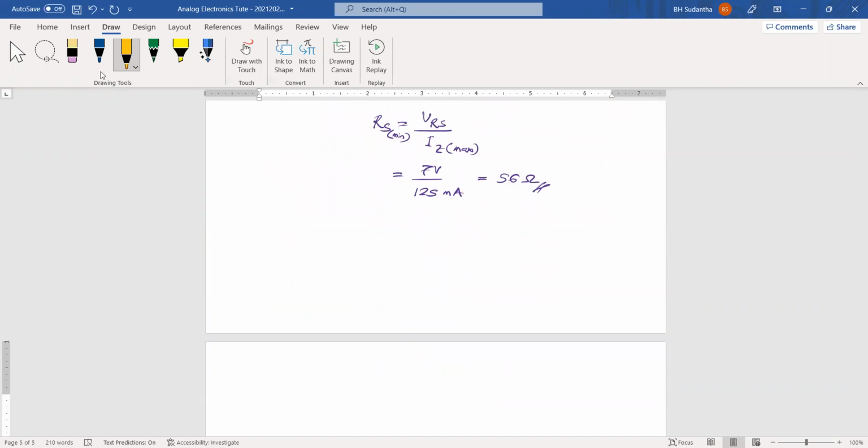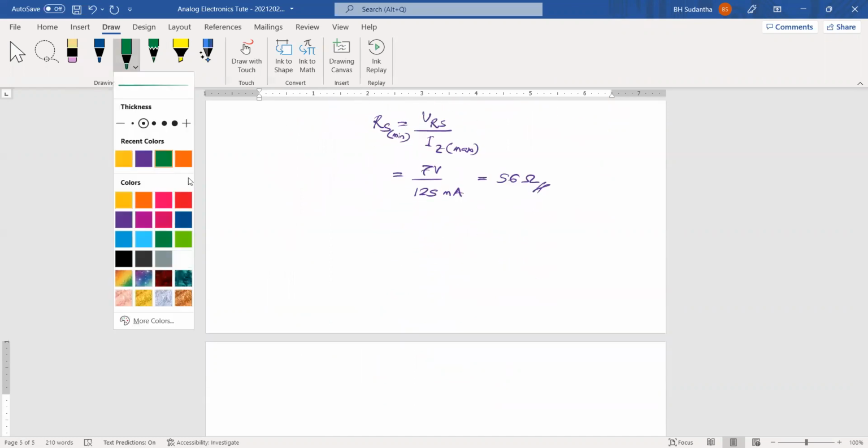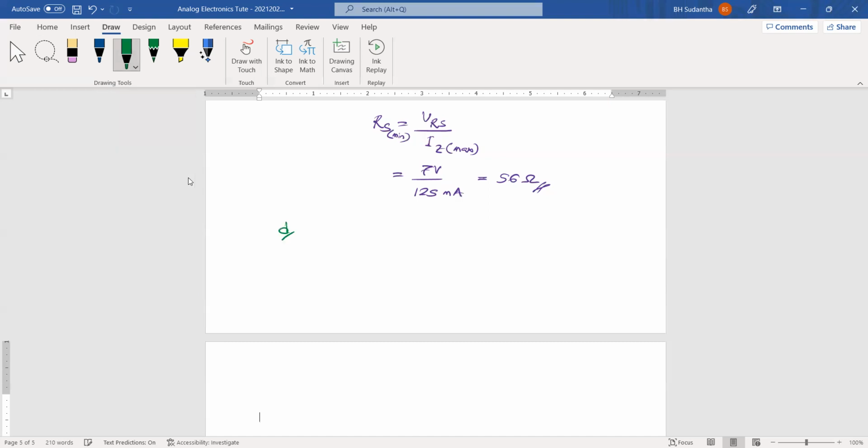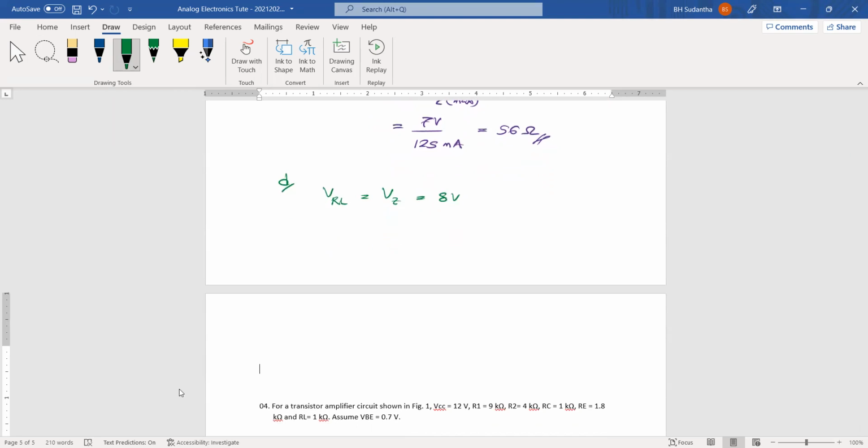And here VRL is equal to VZ. This is 8 volts. Then we can find IL from this.